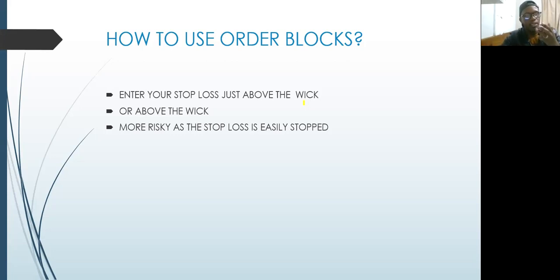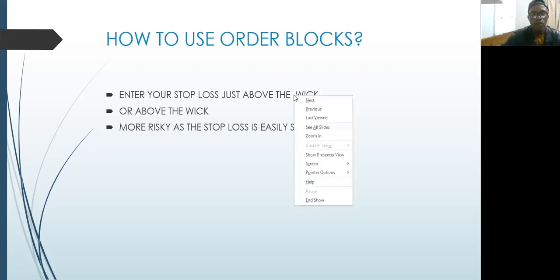So in this case, we must be in a good position to see the manipulations and go against or with the manipulations without losing any money. That is why the order blocks are very important for one to know every day.